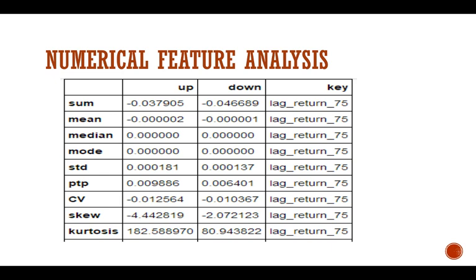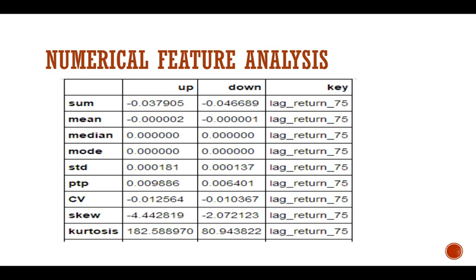In order to do the feature analysis, our team created two functions named stats numerical and stats categorical. The stats numerical function could be used to show the basic statistics of numerical variables such as mean, standard deviation, skewness, kurtosis, quantiles when the final result is up or down.